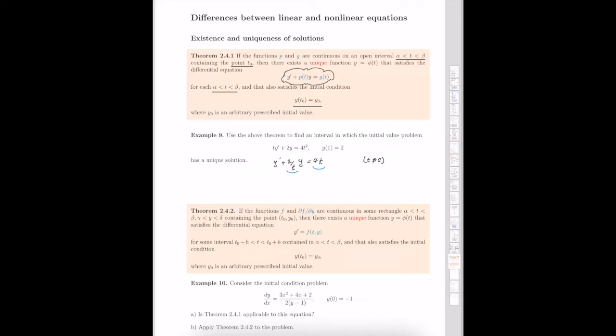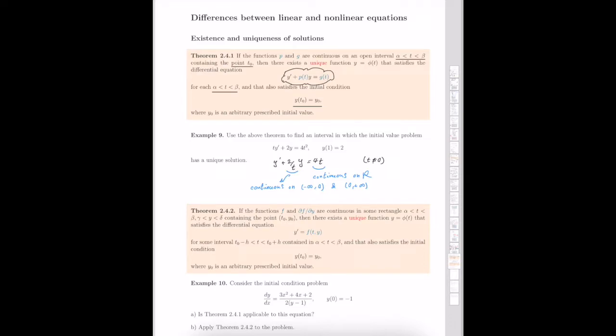Okay, so this function is continuous on R. It's simply continuous everywhere. However, this one is continuous not at t equal to 0, so it's basically continuous on the open intervals minus infinity to 0 and 0 to plus infinity.